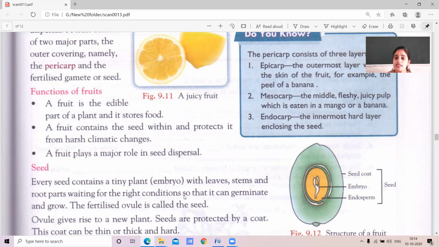Fruit contains seeds within and protects them from the harsh climate changes. And fruit also plays a very important role in dispersal of the seeds. And then after dispersal, it develops into the new plant.